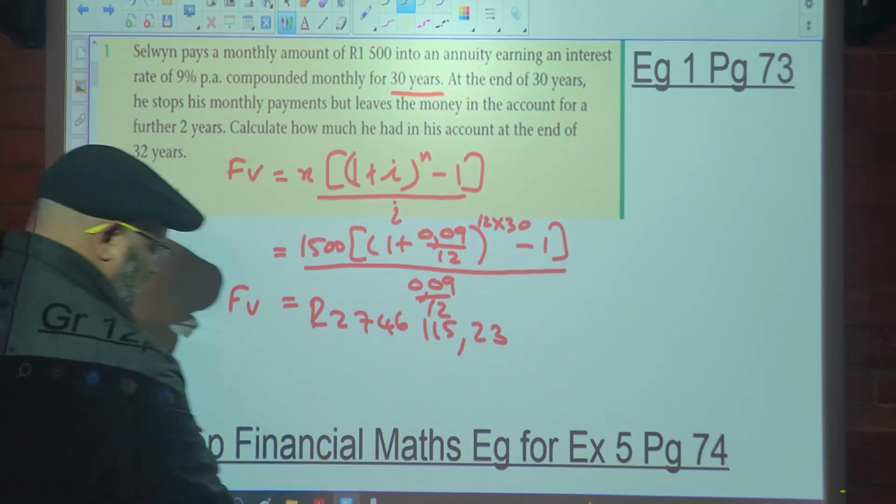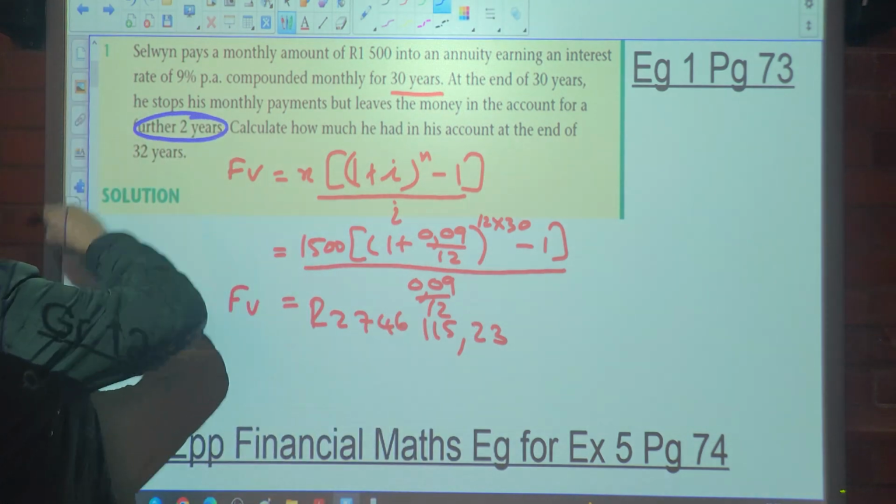But now we earn interest for a further 2 years.